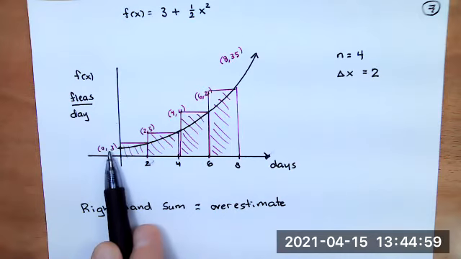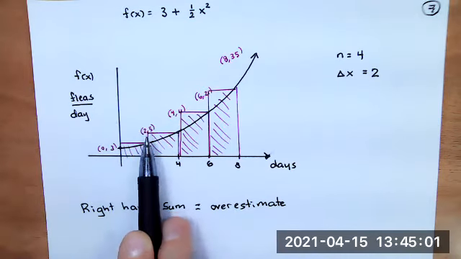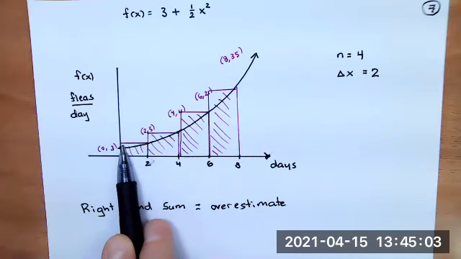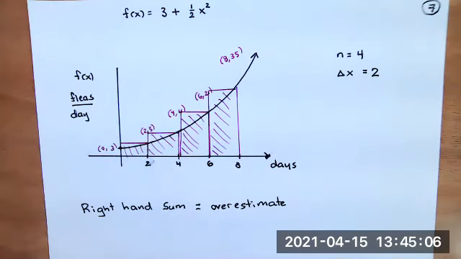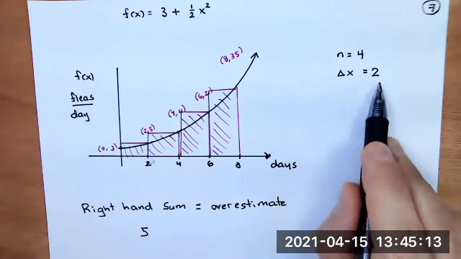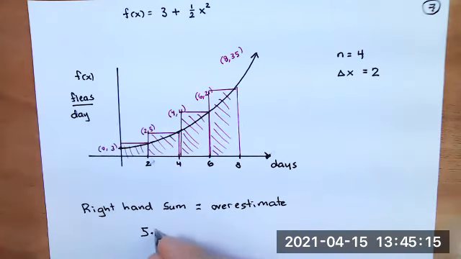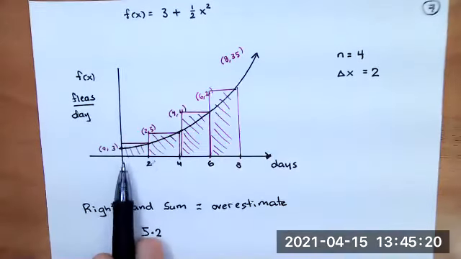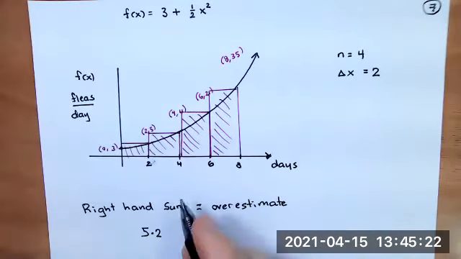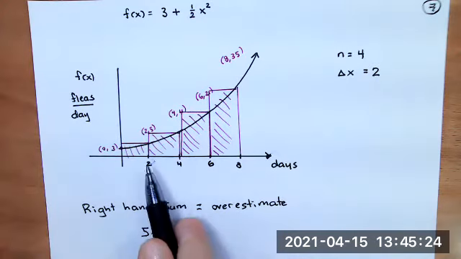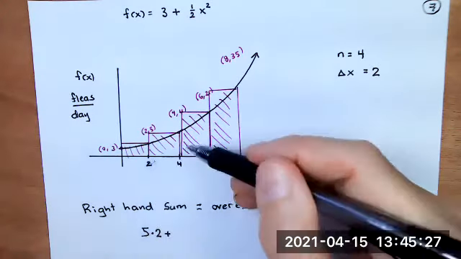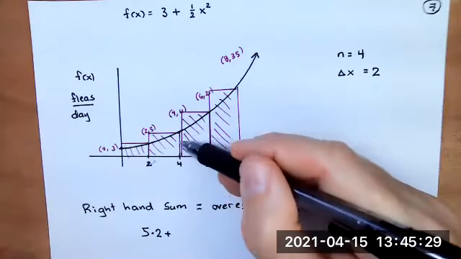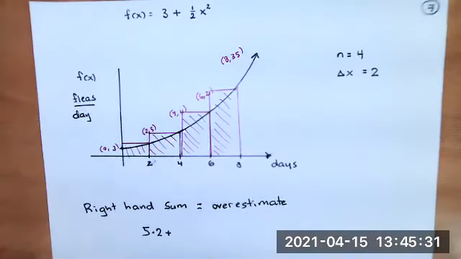So are we going to use the height of 3 or the height of 5 for this first rectangle? If you said 5, that would be correct. And we have the same width. So the area of the first rectangle is 5 times 2. The area of the second rectangle, we're going to use the height of 11.